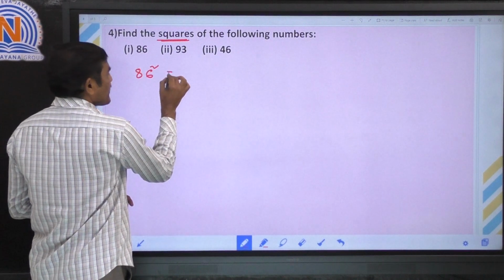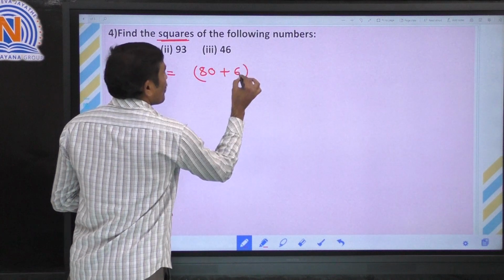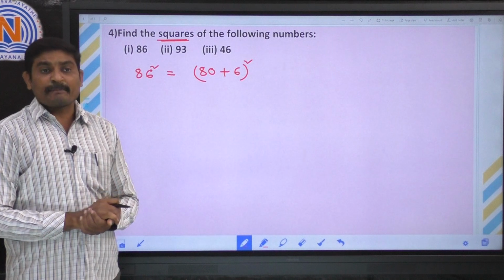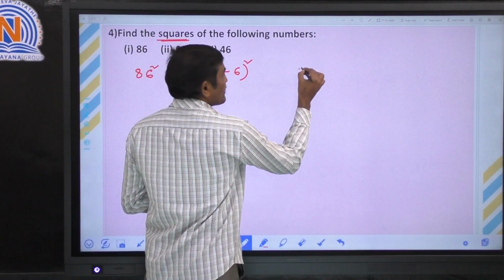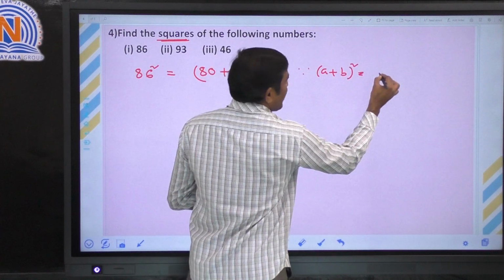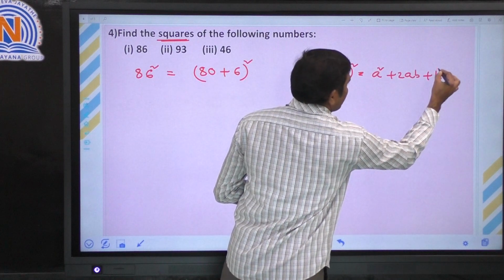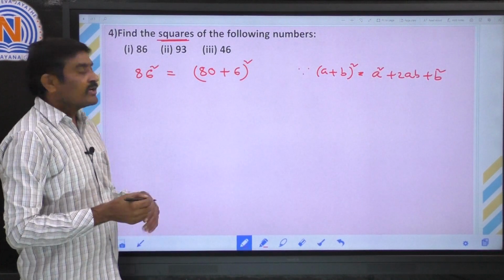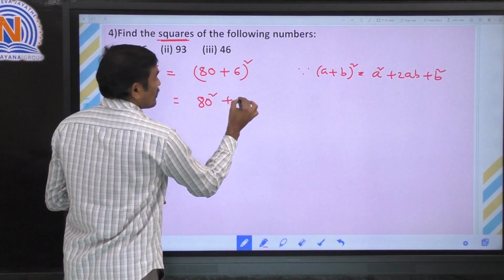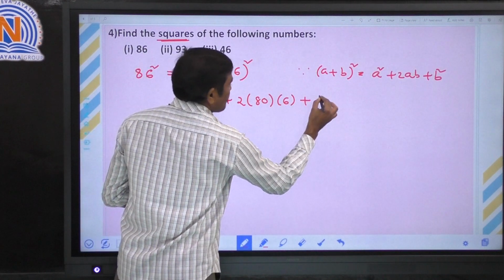So 86 square can be written as 80 plus 6 whole square. Now it is in the form of a plus b whole square. You know the a plus b whole square formula: a plus b whole square is equal to a square plus 2ab plus b square. So by using this identity, if we expand, we'll get 80 square plus 2 into 80 into 6 plus 6 square.